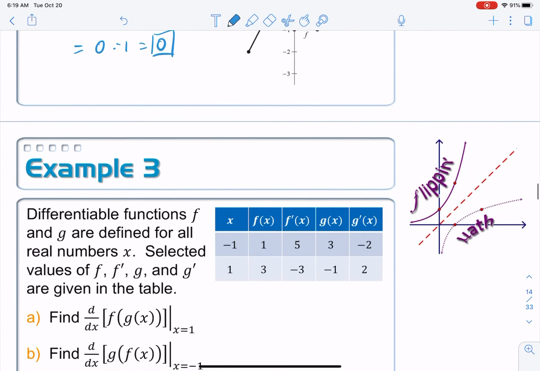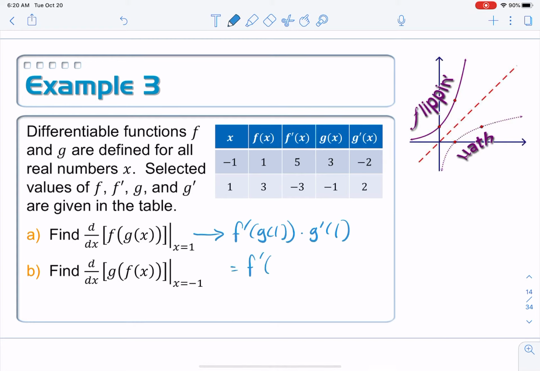Okay, so I'll build that recipe first. F prime composed with g of x, and multiply that times the derivative of the interior function, g prime of x. Everywhere there's an x, I'll take it out and replace it with the number 1. As we did before, this part here is just the y value at 1. So g at 1 is equal to negative 1.